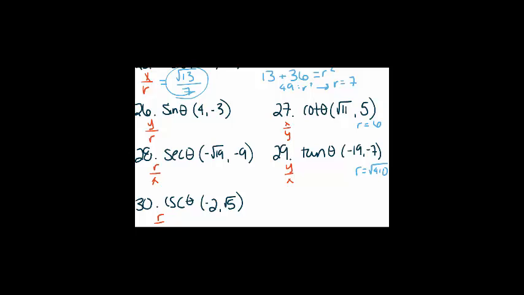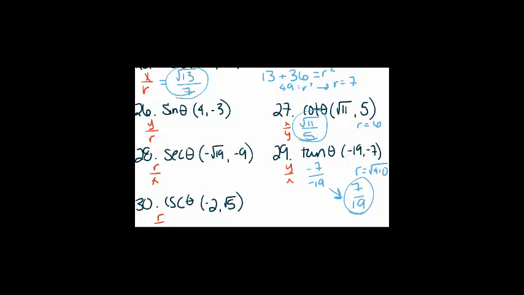I'm sure that reduces somehow, but this is ridiculous, because the only thing we really need to do is say this is x over y. I have square root of 11 over 5. And y over x, negative 7 over negative 19, which gives me positive 7/19. So if you get a tangent or cotangent, consider yourself lucky because you don't have to find r on those. But the other two, we can do this.